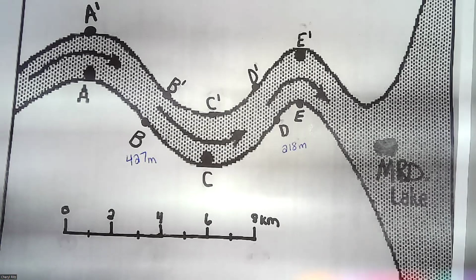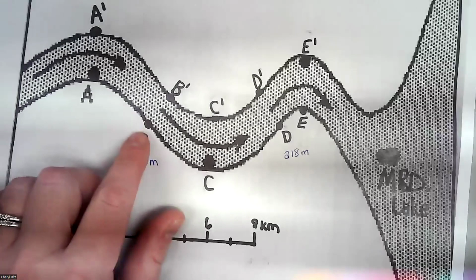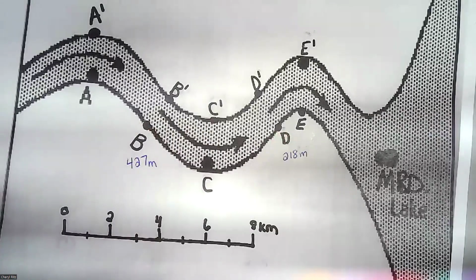But here, I got a question. We're calculating distance from B to D on a river. How do we do that? Because I want to know the distance, or really how long it is, how many kilometers it is from B to D on the river. What do you notice about this river from B to D?